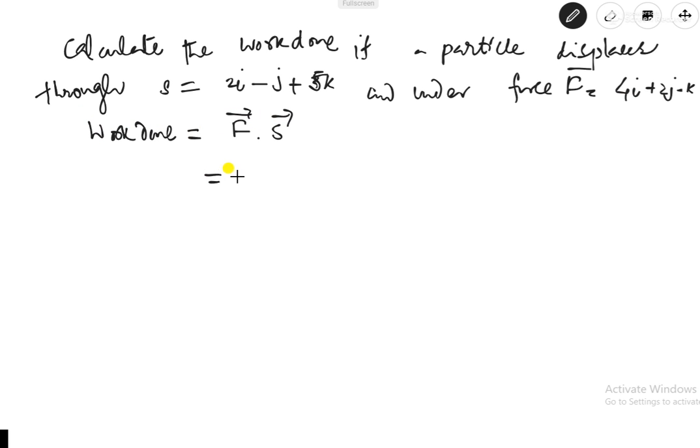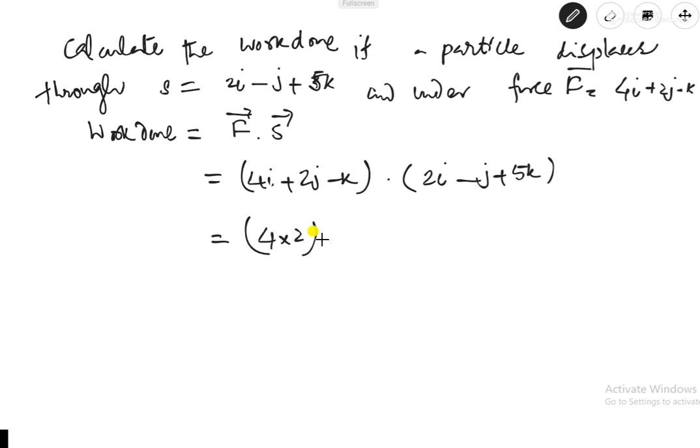So here F is 4i plus 2j minus k newtons and s is 2i minus j plus 5k. Directly we can multiply 4 into 2, I dot I. In dot product, I dot I is cos theta, so cos theta 0 means 1.